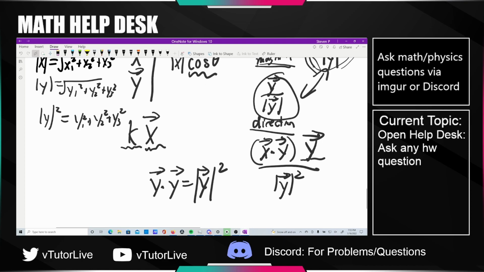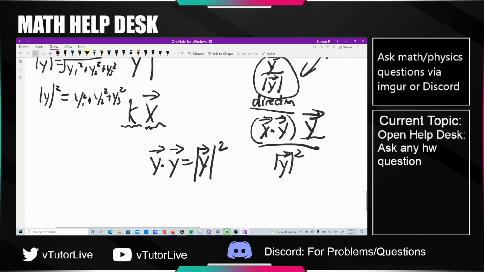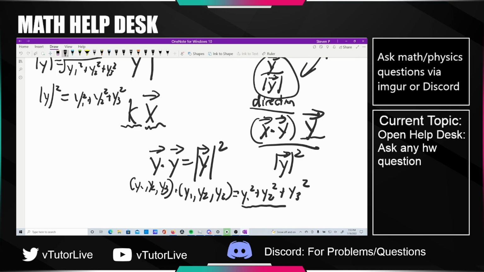So y dot y, literally, if y is y1, y2, and y3 dotted with itself, that's literally equal to y1 squared plus y2 squared plus y3 squared. Literally the exact same thing. What a coincidence. What are the odds of that?